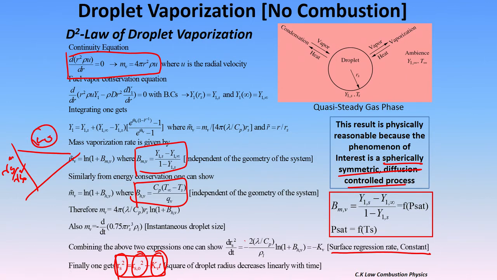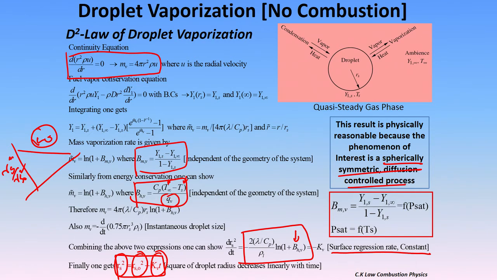Kv is basically given as an expression like this, where this is called the Spalding heat transfer number. This BHV is given here: Cp (T infinity minus Ts), which once again is the infinite temperature minus the droplet surface temperature, and Qv is whatever heat is actually supplied to the droplet.